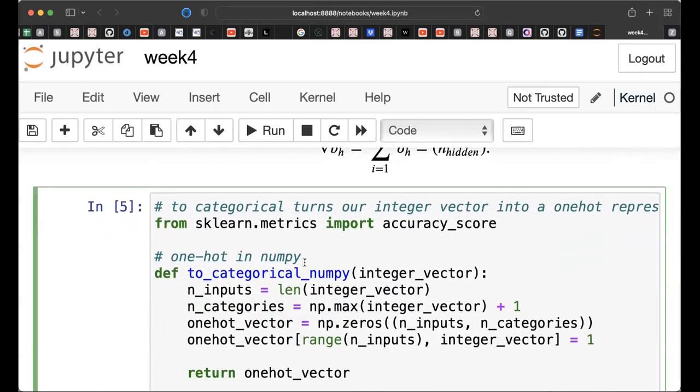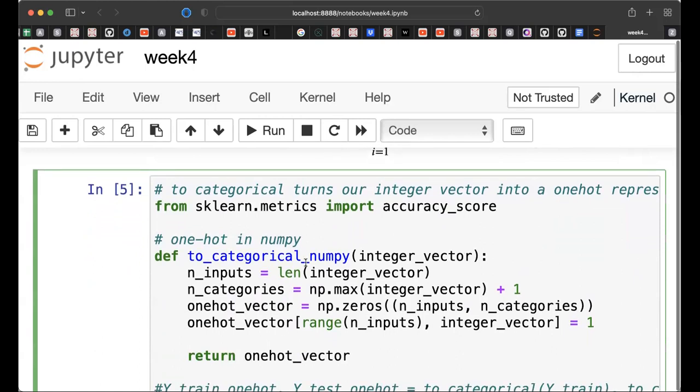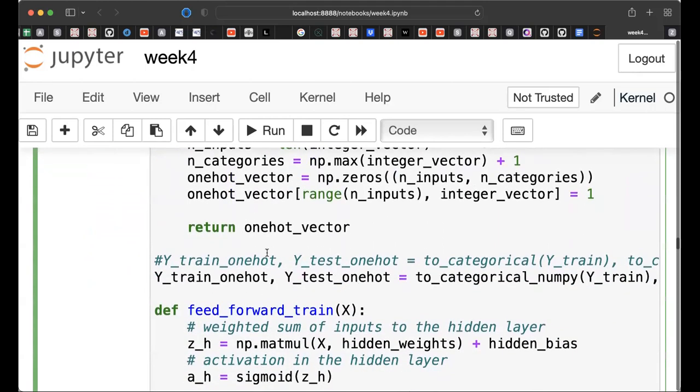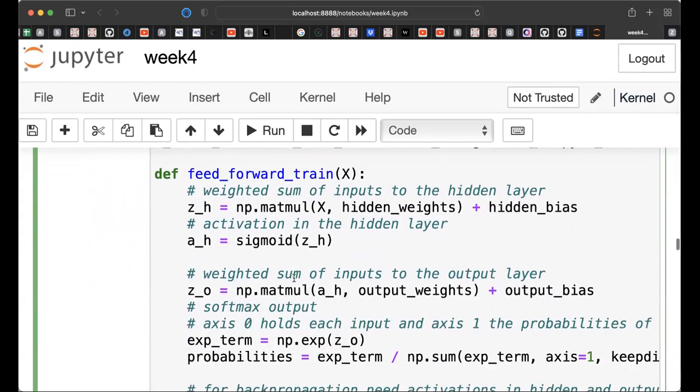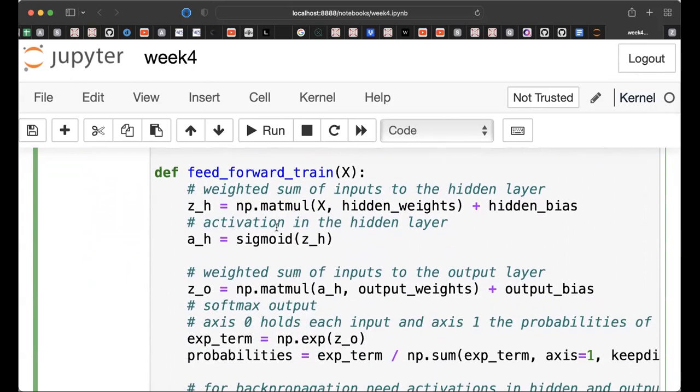So here I'm implementing the coding of the images in terms of bit strings. So this is done in this part. Then I'm doing the feed forward part. And in the feed forward part, this is just a repeat of what we saw above.